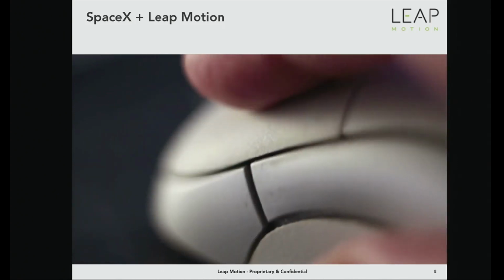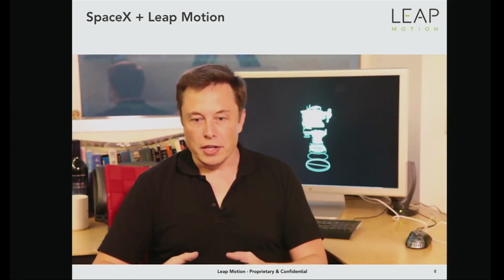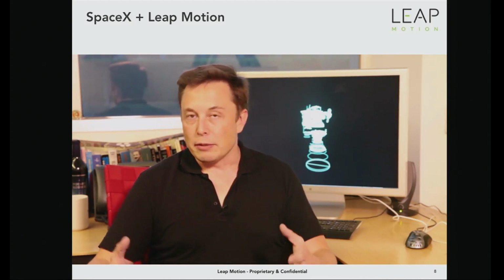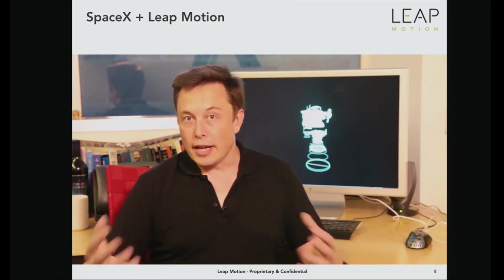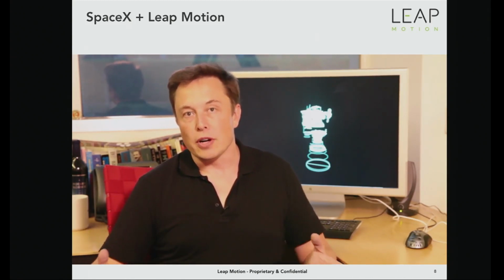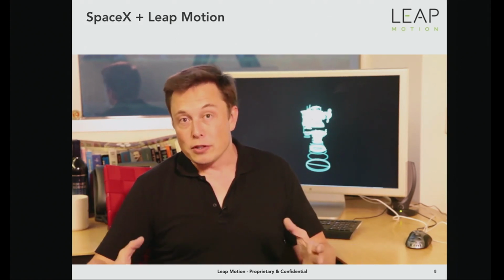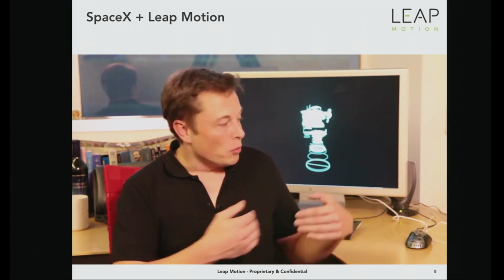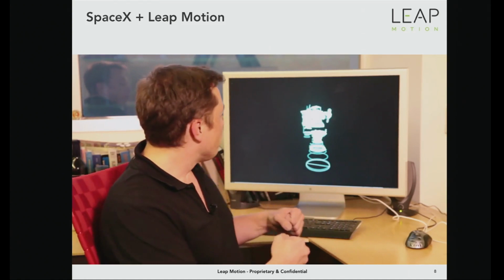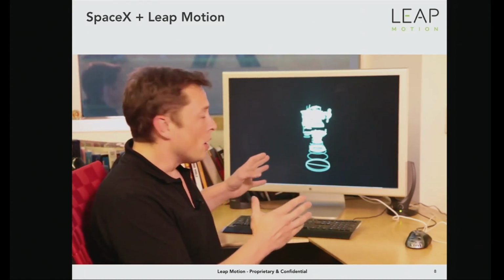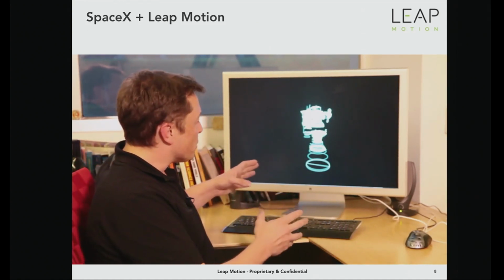So we started playing around with the idea and using a few of the things that are available out there, such as the Leap Motion and Siemens NX, which is what we used to design the rocket. And we wrote some code to integrate the two. And we started off with what you see here, which is a wireframe of the Merlin rocket engine.